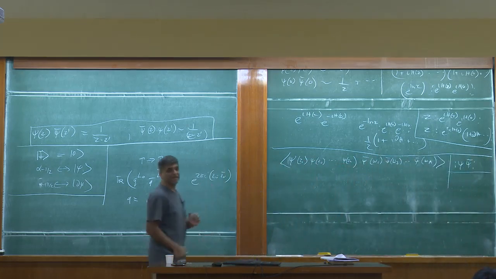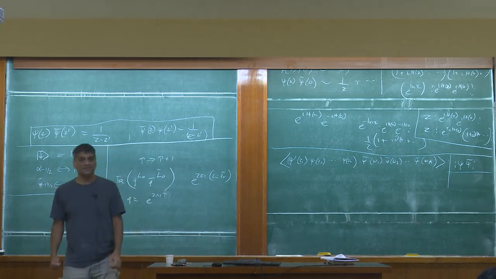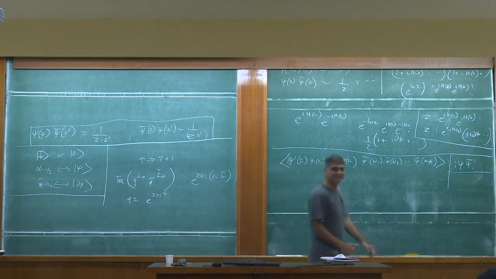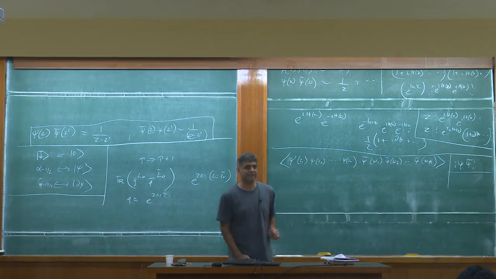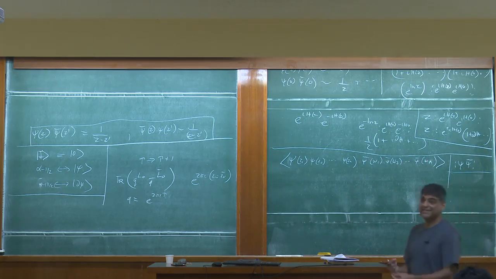Now, you might think we're going to have to do a heroic job of Wick contractions to work this out. And you can take that route if you like. It's fine. However, there's a very easy way to get the answer. And the very easy way is to notice that this function has to be analytic everywhere except when z's meet w's. Moreover, when z's meet w's, there has to be a pole.